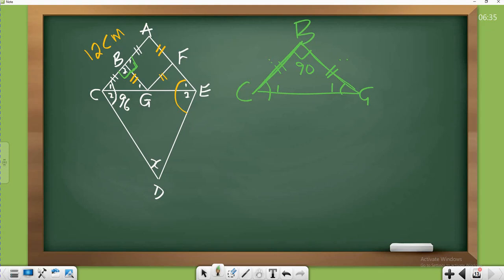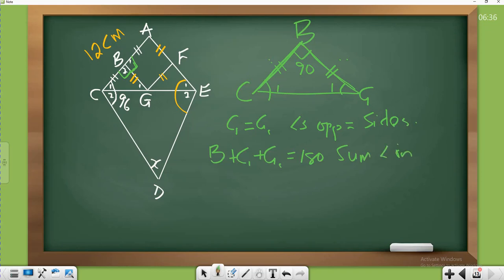So C1 is equal to G1, angles opposite equal sides. But angle B plus angle C1 plus angle G1 should be equal to 180 degrees, sum of angles in a triangle. And my B is 90 already.